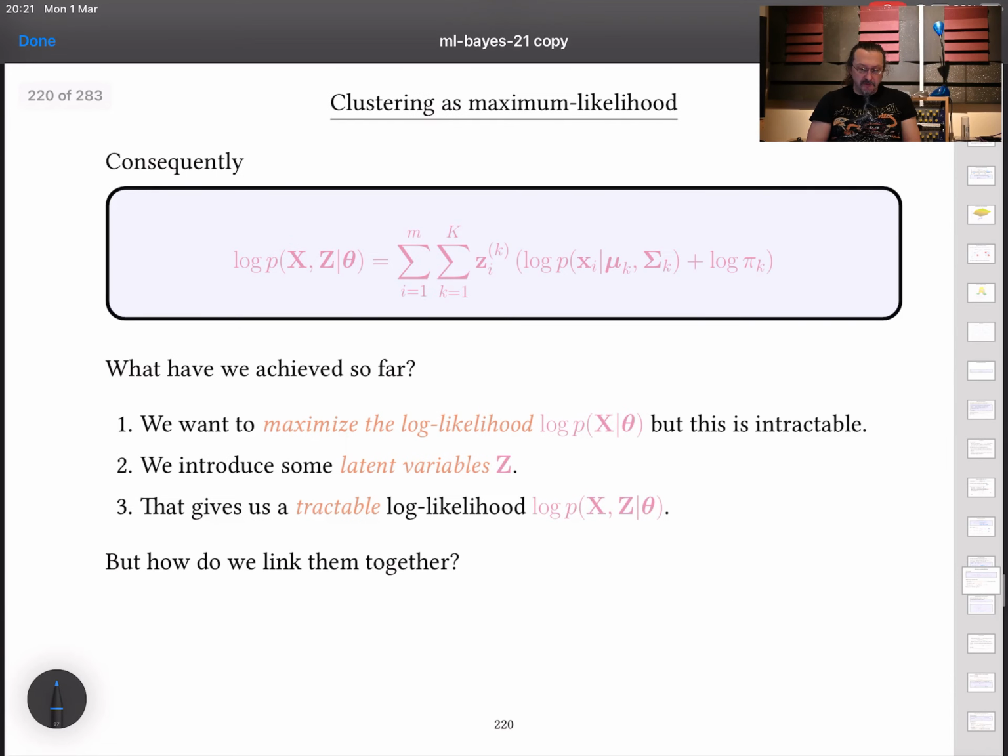So the first expression there follows directly from the previous slide. Now, we started off by saying I want to maximize log p of x given theta, but that's intractable. So let's try introducing these latent variables, and now we've got this, which, trust me, is going to turn out to be more tractable. We just have to link them together.